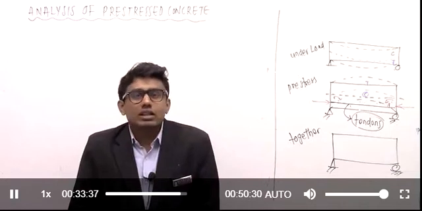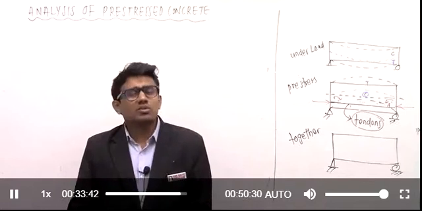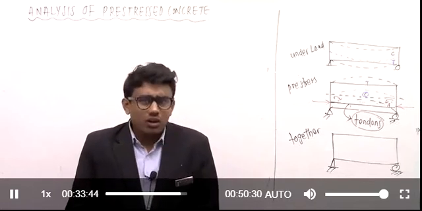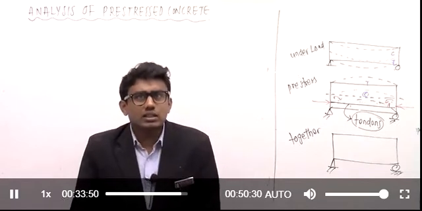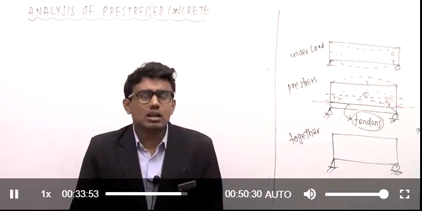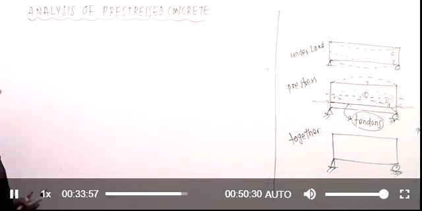Why? Because the dead load will be very less, the cross-section area required will be very less, and deflection will be less. Pre-stressed concrete has many advantages over reinforced cement concrete, so RCC is being replaced by pre-stressed concrete.